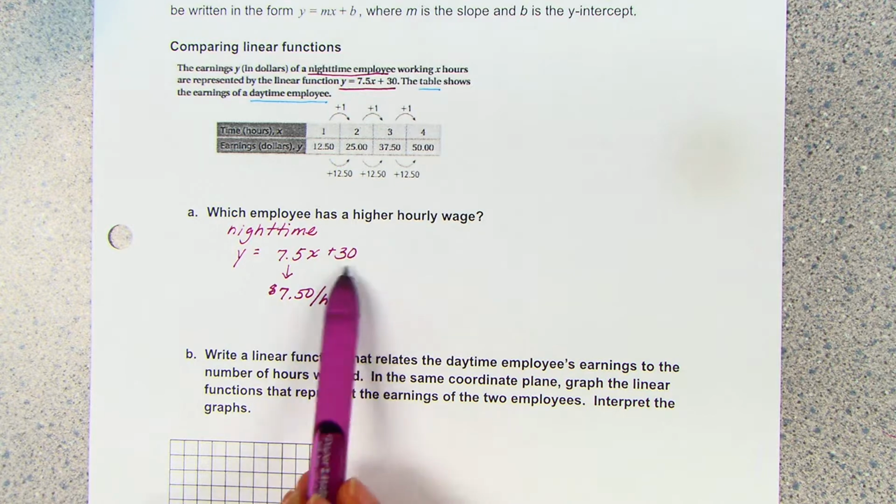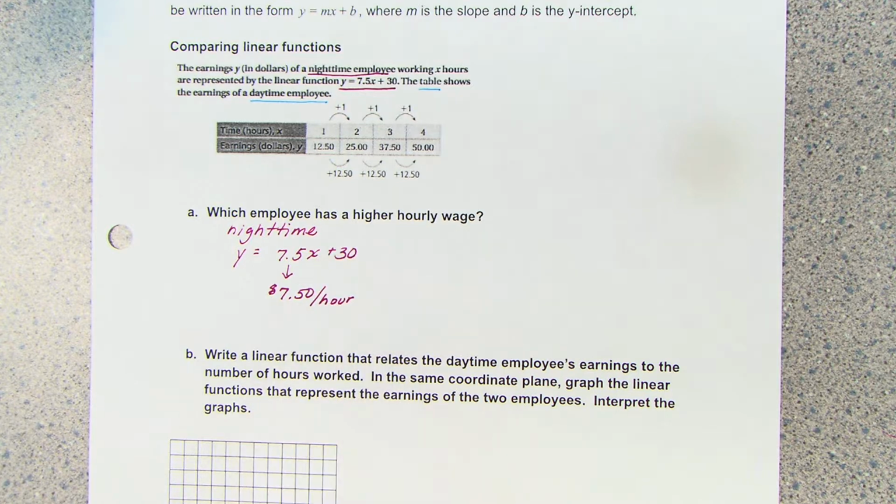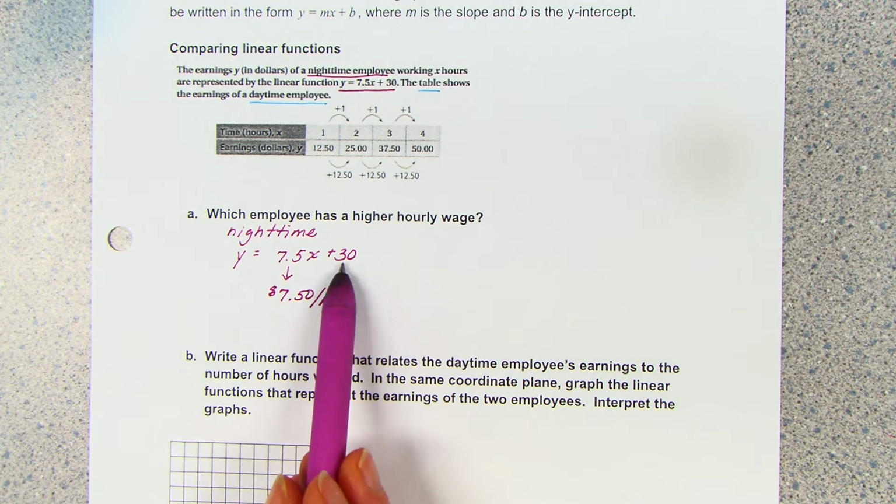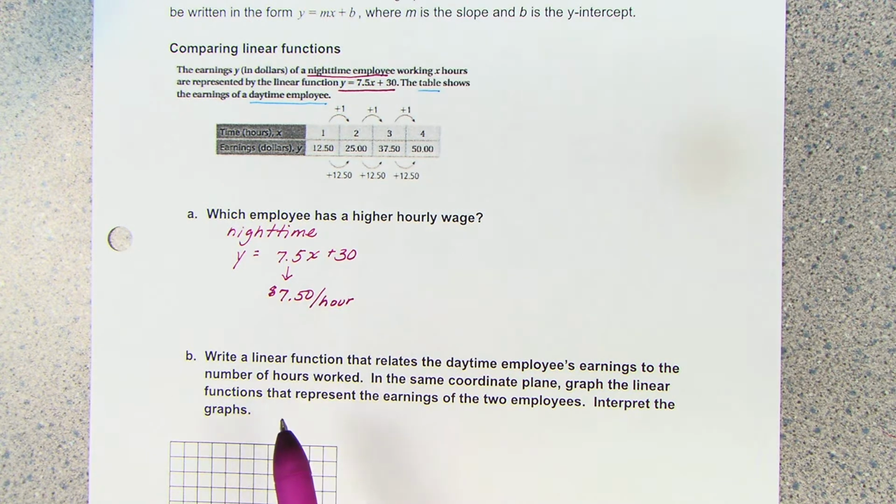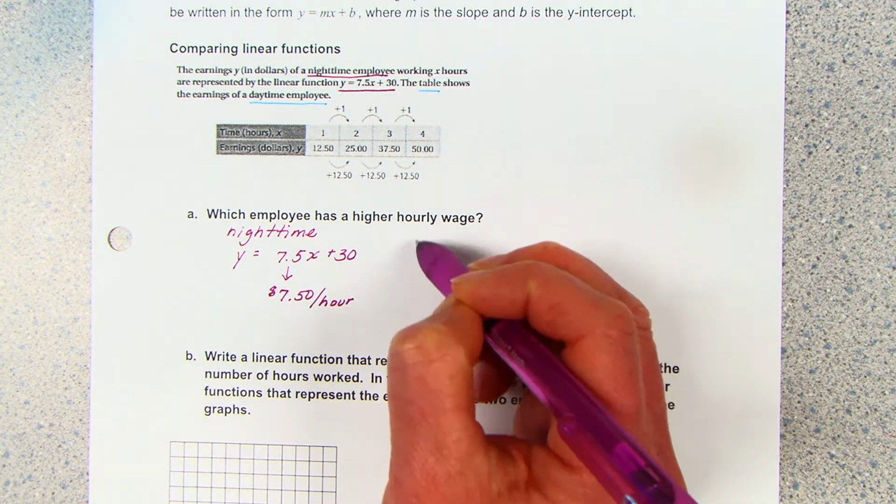Okay, what do you think that 30 is? Why is the y-intercept not 0? I think that they probably pay a nighttime employee a bonus for coming in and working at night. It's an extra bonus for being a nighttime worker.